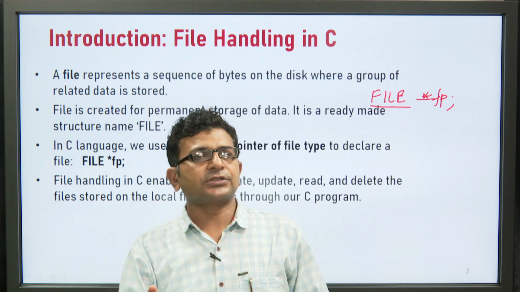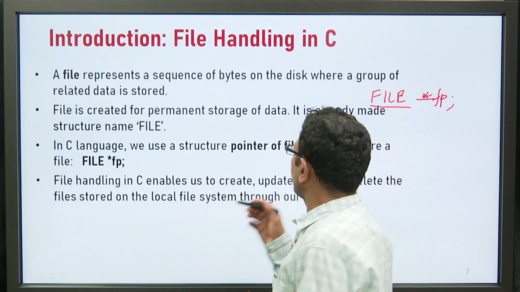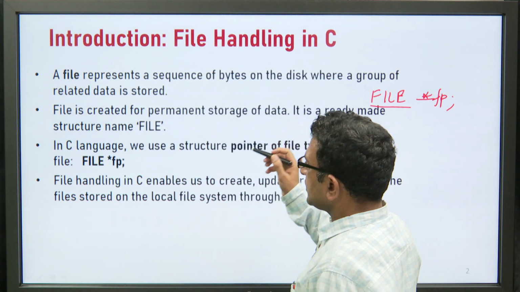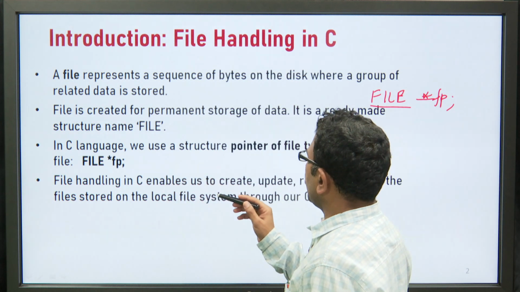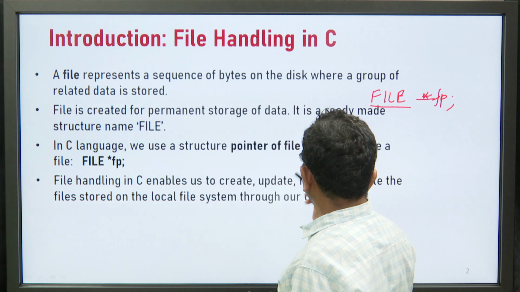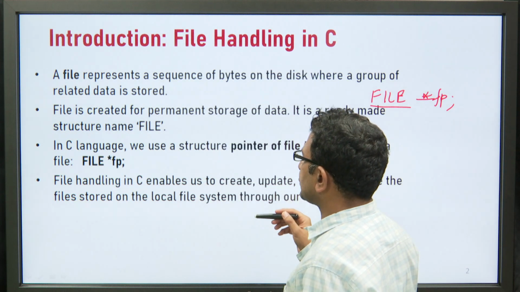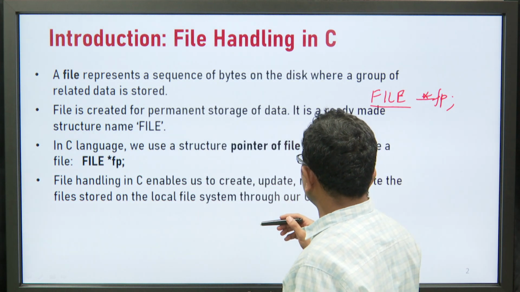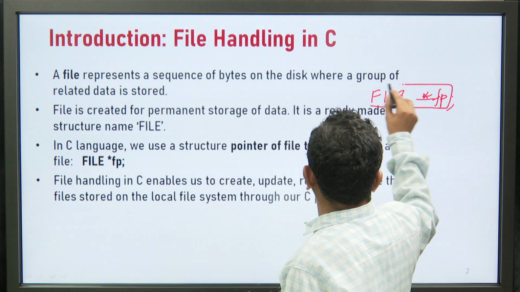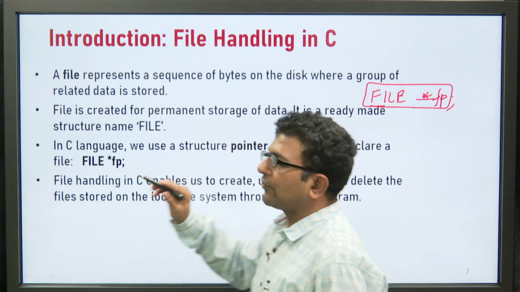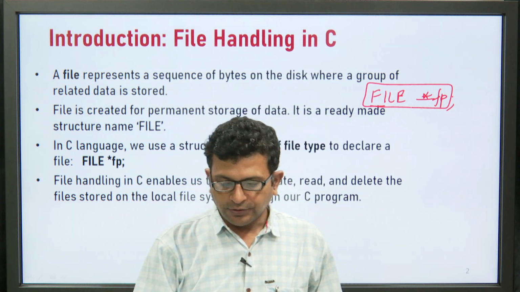All these operations can be performed using this file pointer. This is how we can declare it. File handling in C enables us to create, update, read and delete the files stored on the local file system through our C program. This is a very important variable which takes care of all these types of operations in file handling.